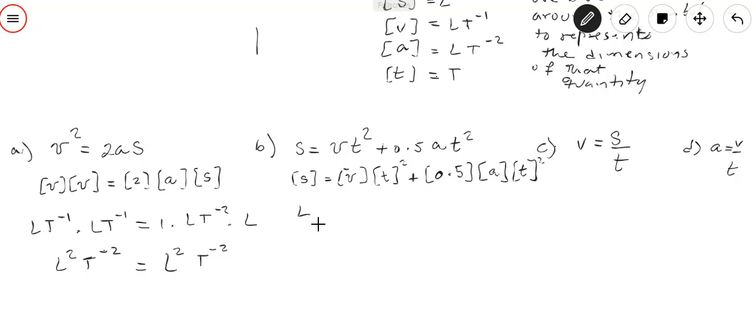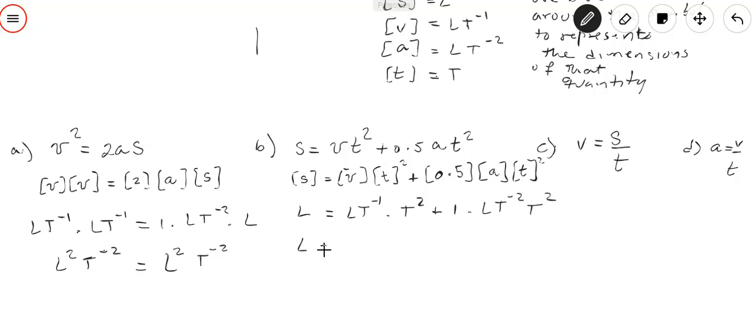So distance is in units of length. Velocity, we know that is L T to the -1, times T to the second power, because it's t squared, plus 1 times acceleration, that is L T to the -2, and then we have t squared again.